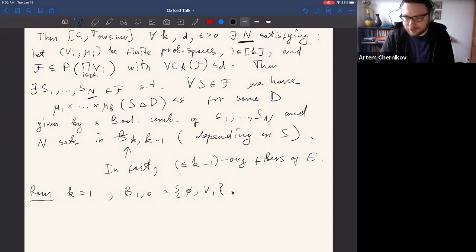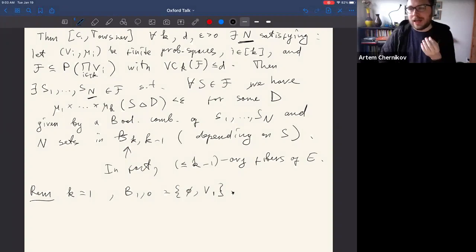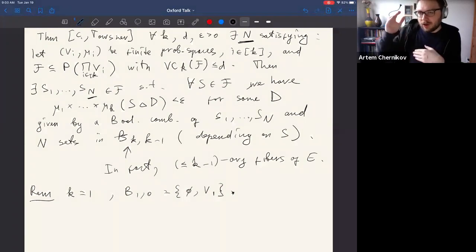A way to reinterpret the main theorem, which also has a converse as long as we allow ourselves to vary the measures, is that the main result characterizes the arity of pseudorandomness in a hypergraph regularity decomposition.